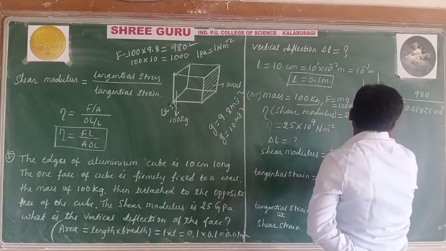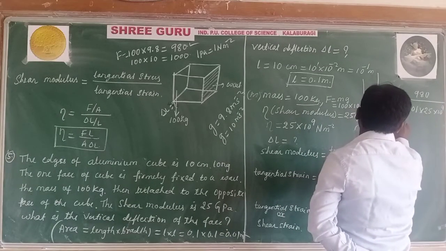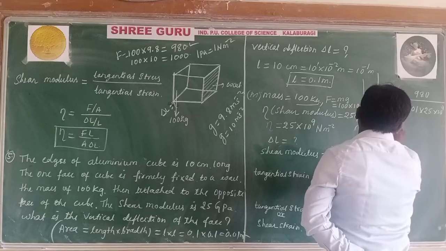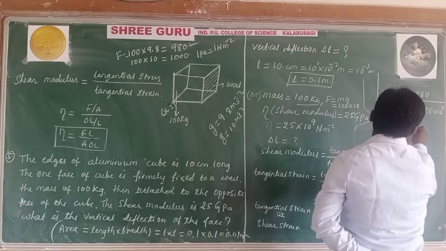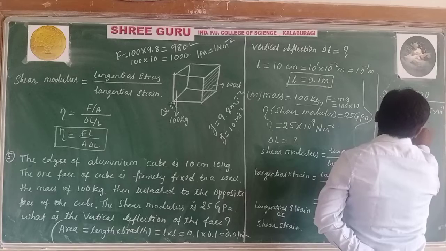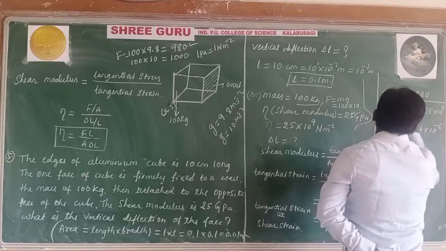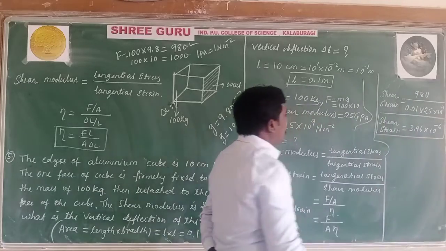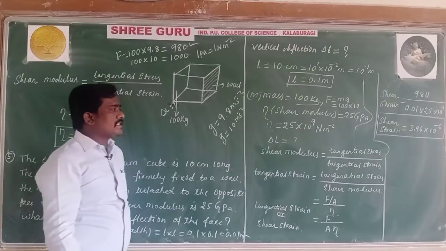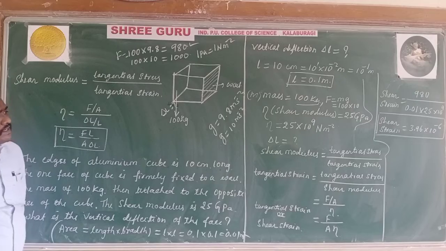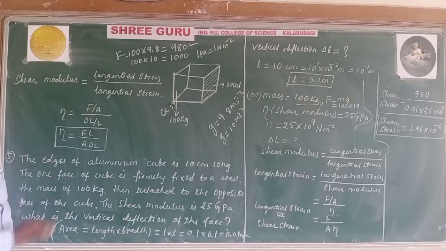The final answer for shear strain is 3.96 into 10 to the power of minus 6. Just calculate yourself. This is about shear strain.